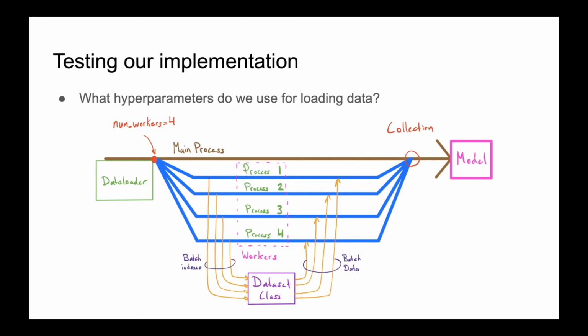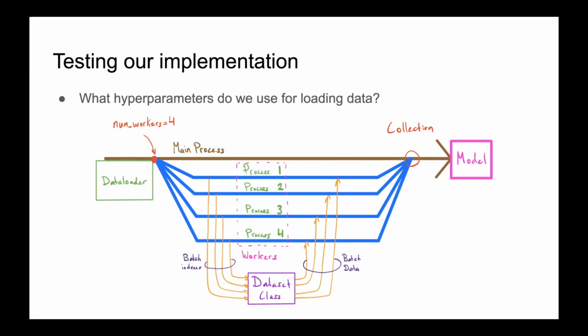The workers will also get their own batch indexes. So worker number 1 will get the first batch, worker number 2 will get the second batch, and so on. It'll take those indexes of batches and request them from the dataset class. The dataset class will give back the corresponding batch data to the processes. So in this case, we'll have 4 batches.